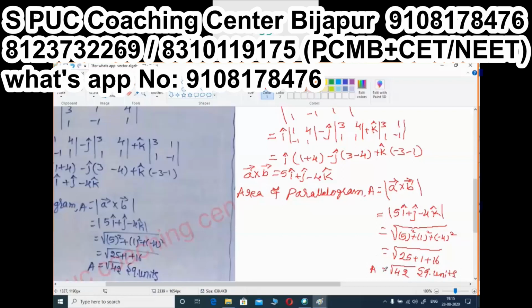Clear to everybody about this problem? In the same way, we shall proceed to one more problem and solve it. The most important thing is how to find that a cross b. Once you obtain that a cross b, find the modulus of that vector, and thereafter you get the required area.